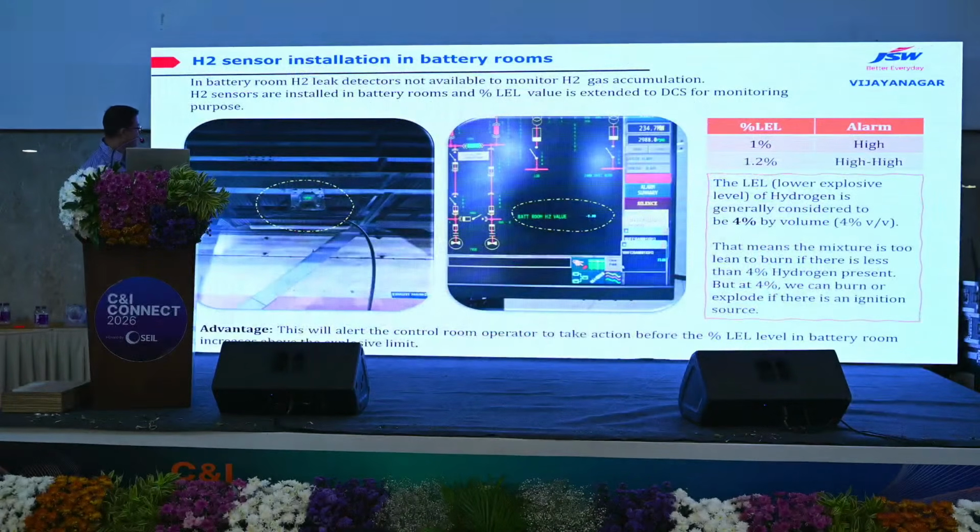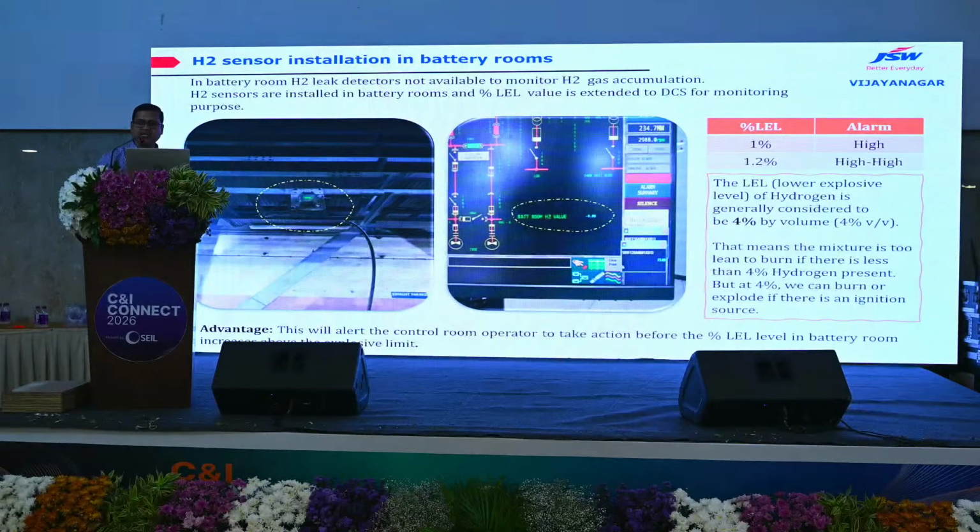Next is the battery room system. They have a lot of batteries and H2 gas is formed. So to detect how much hydrogen gas will be produced, an H2 sensor is installed in the battery room.